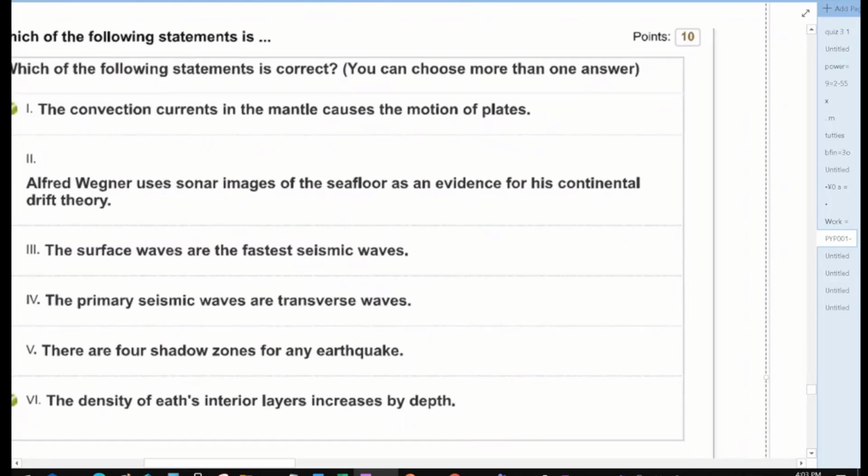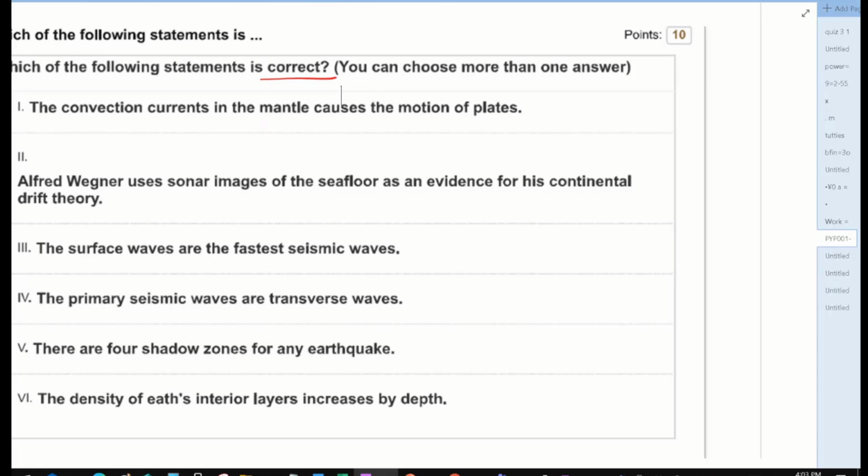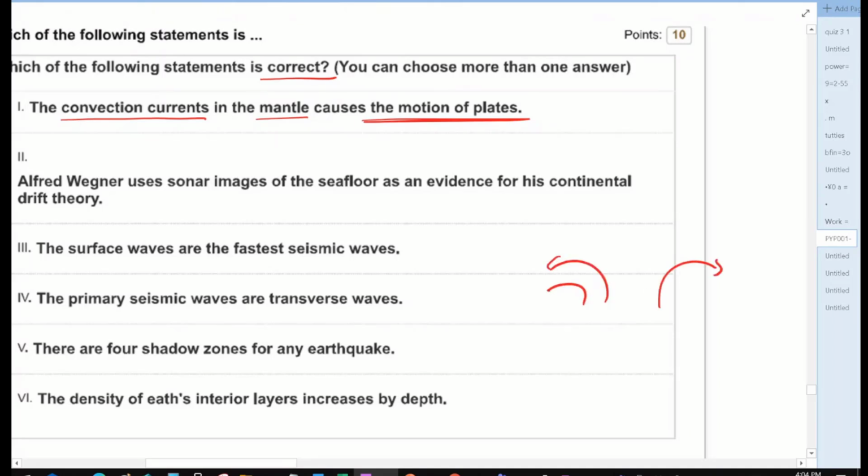which of the following statements is correct? Which one is correct? The convection current in the mantle causes the motion of the plates. You remember when I drew you the convection currents and I told you if we have 2 plates, they will move? So the convection current causes the motion of the plates?